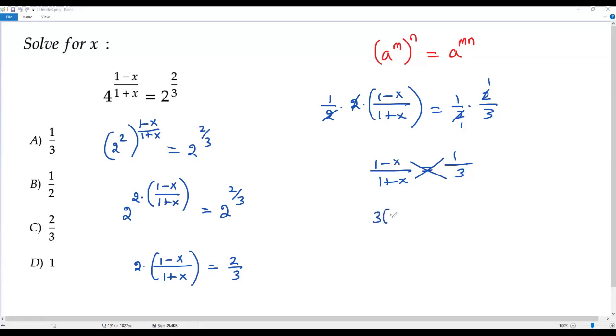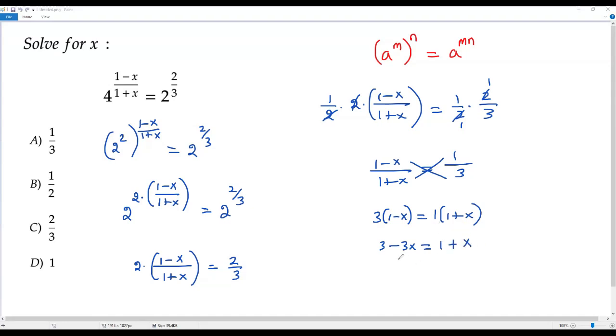Then I'm getting 3 times (1 - x) equals, and I multiply this numerator 1 by this denominator (1 + x), then I'm getting 1 times (1 + x). Now 3 can be distributed to this (1 - x). So 3 times 1 is 3, and 3 times negative x will be negative 3x, and distributing the 1 to (1 + x), I'm getting just 1 + x.